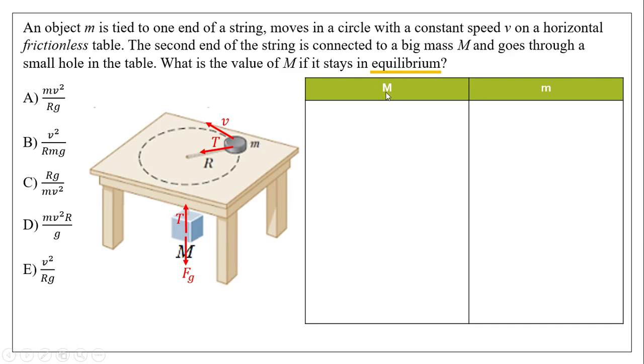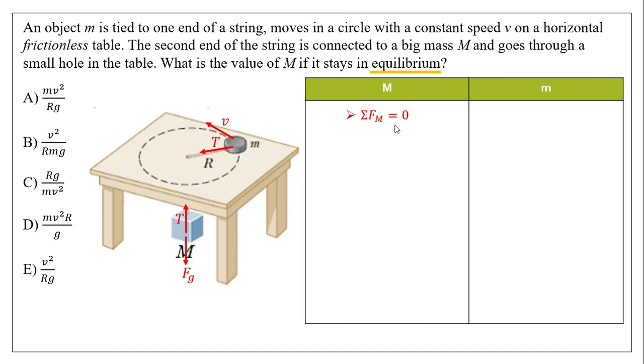So to set up the physics for the hanging block, which is capital M, I'm just going to set the net force for capital M to 0. It's 0 because it's in equilibrium. In order for an object to stay in equilibrium, its acceleration must equal 0. But for acceleration to equal 0, you have to have at least two forces: one pointing up, one pointing down, or one pointing right, one pointing left. In this case, the hanging block is capital M.